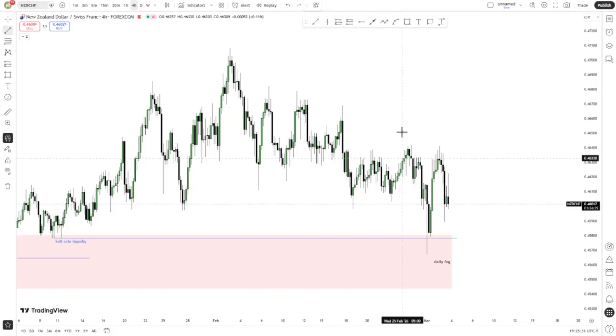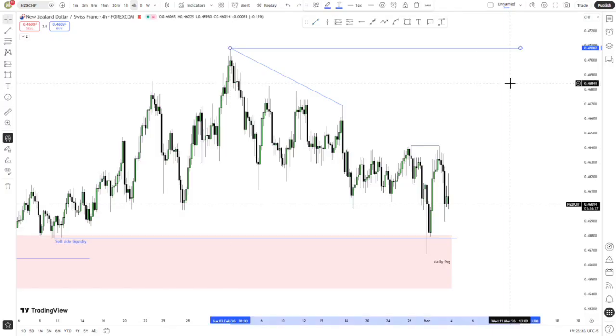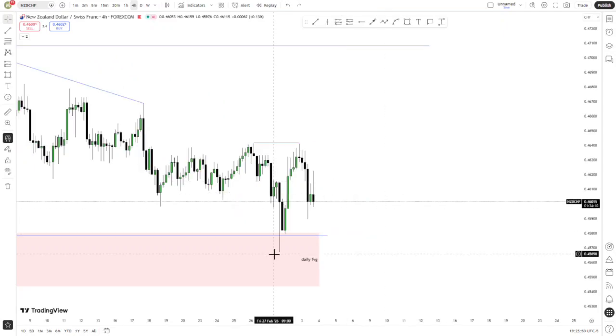We have this equal high as targets. I will have this trend line liquidity as targets. So our overall target is this high. Now price has swept this liquidity, right? Price should pay this liquidity. Look what price did do.